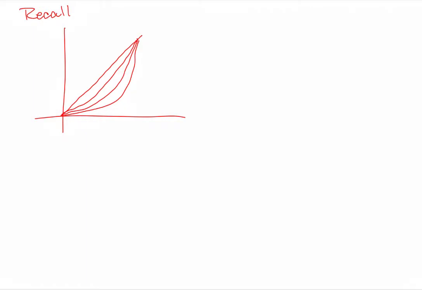All right, so there they are. This is the line y equals x. This one is y equals x squared. This is y equals x cubed. And this is y equals x to the fourth.